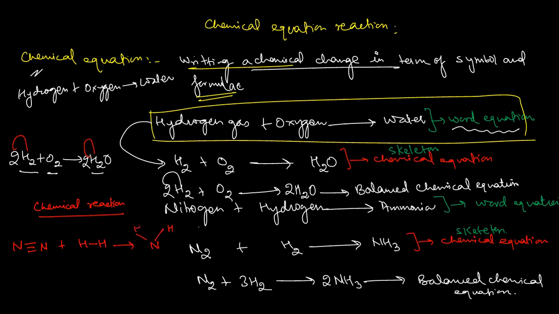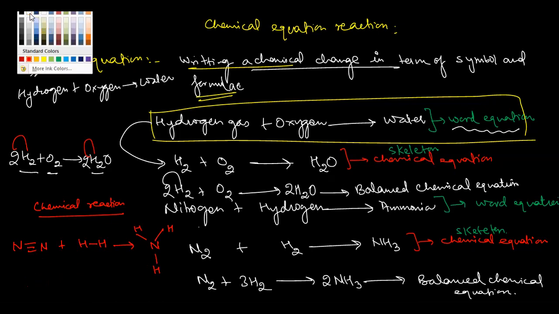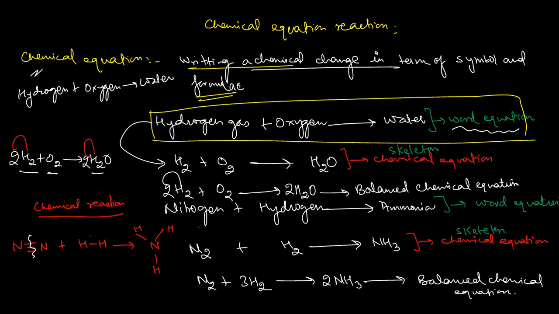So what is actually happening is that we are not breaking the nitrogen atom. You have the nitrogen atom like a circle, and you are not breaking this into two parts. No, actually what is happening here is that we are breaking these bonds, and the new bonds are being formed. So the actual atom is not destroyed, but the bond between them is being destroyed.